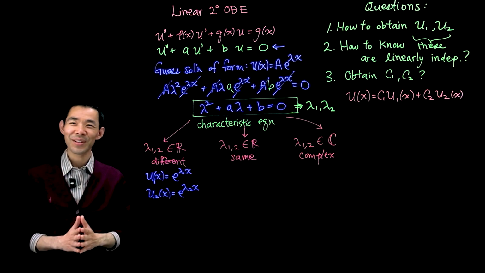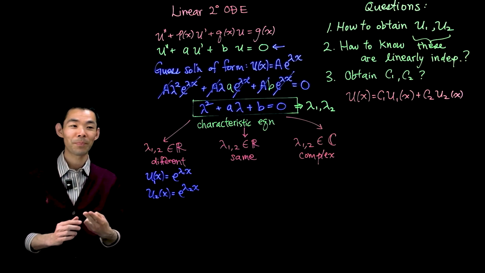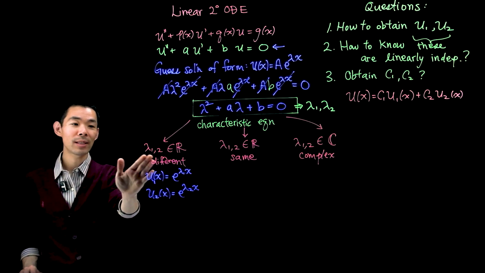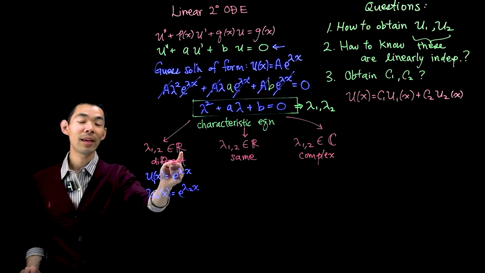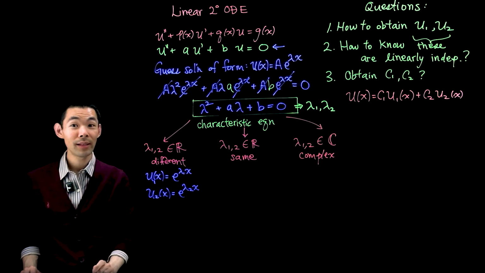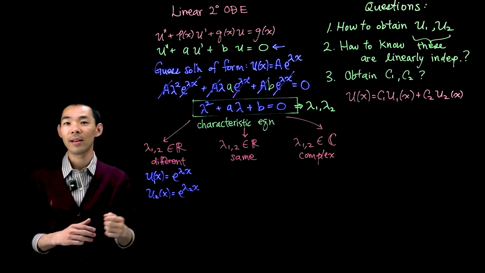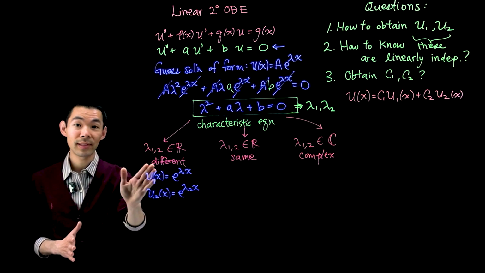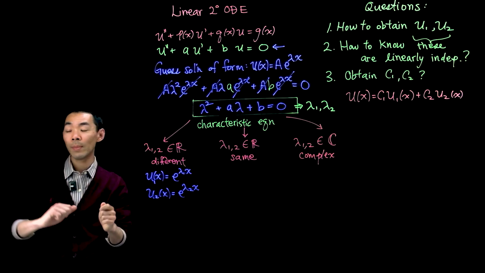The first case is when your lambda 1 and lambda 2 exist in the real number line. That's how you read that. So they're real numbers like 5, 10, -4. Those are real numbers. And they're distinct, meaning they're different roots. One might be 4, one might be -2.